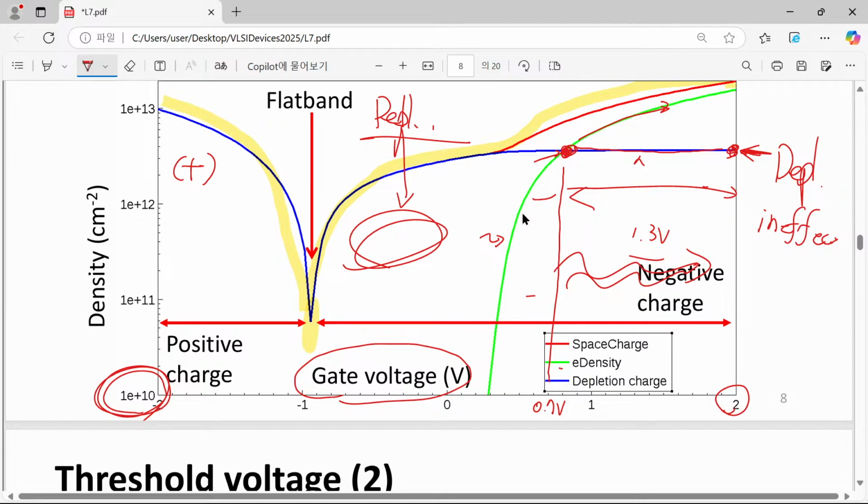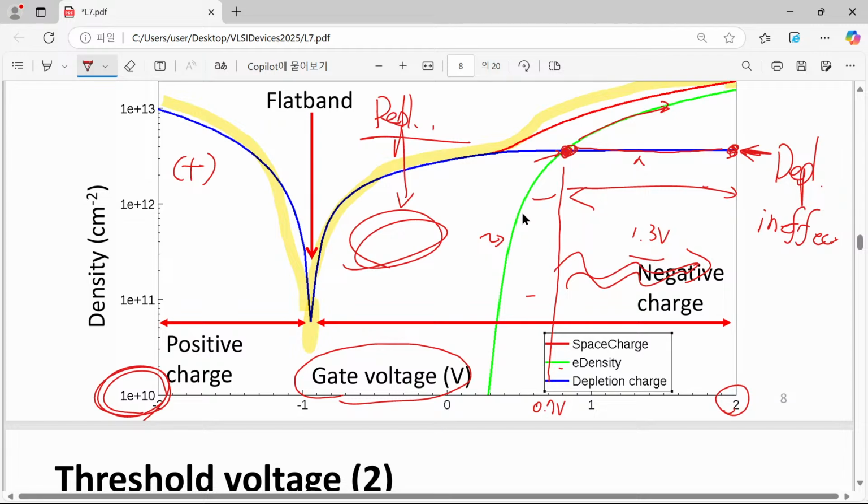One is inversion electron, and one is hole depletion. And if the inversion mechanism becomes quite ineffective, then this hole depletion can perform some role. However, now at this high gate bias point, electron inversion becomes too effective.